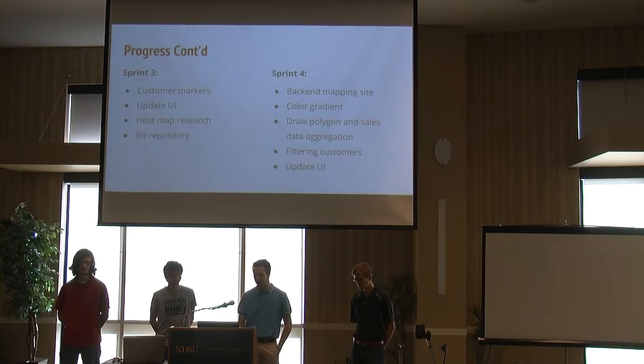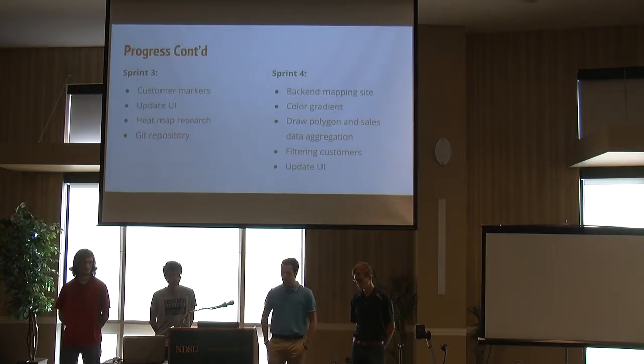So we made sure we did that. And then we did some research on a heat map, which is one of the cool things about Here Maps: you can implement a heat map to show concentration of sales data in certain areas.